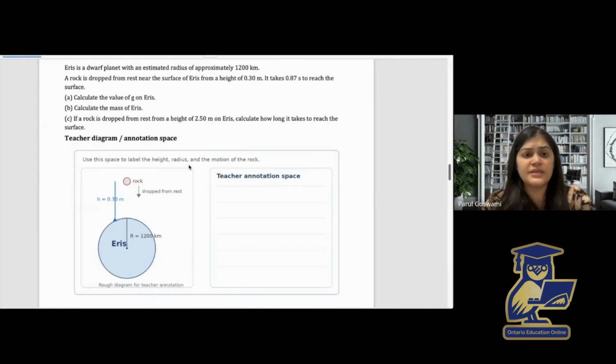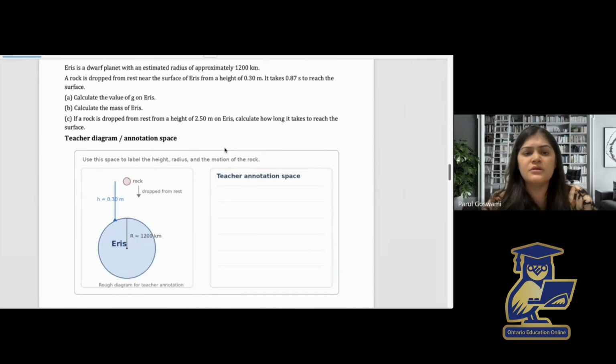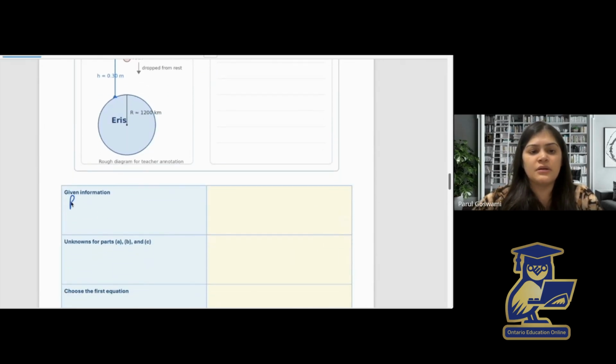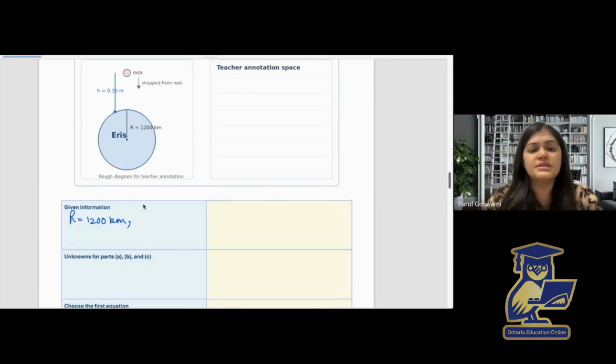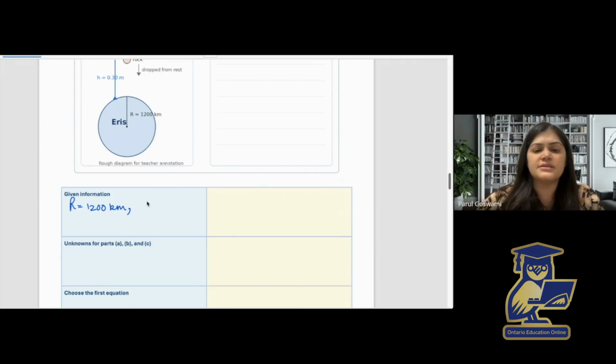So now let's write the given information. First of all, we are given the radius of Eris, which is 1200 kilometer. So we can write radius is 1200 kilometer. And then we are given a rock is dropped from rest near the surface of Eris. So from rest means initial velocity is 0, so we can write Vi is 0.